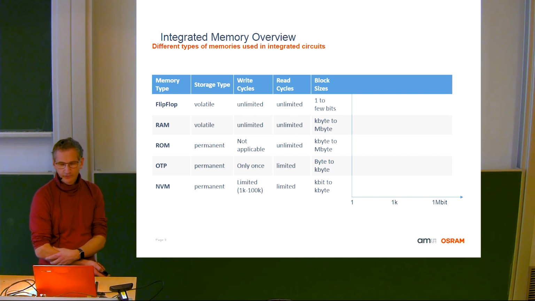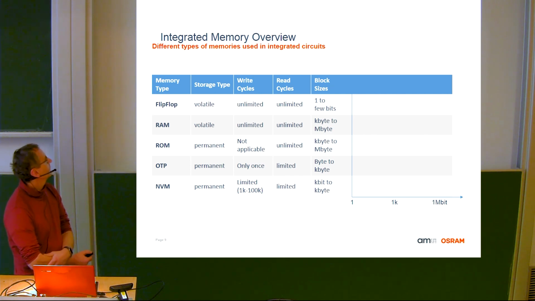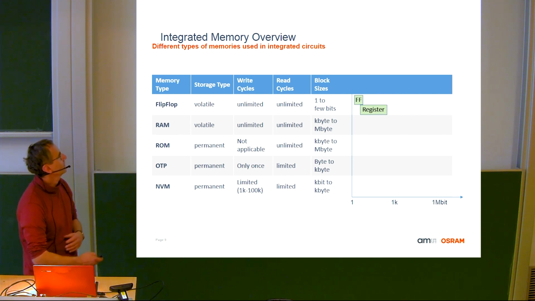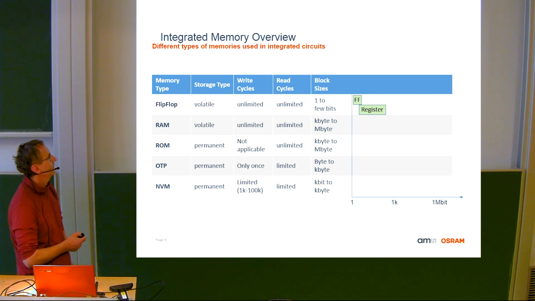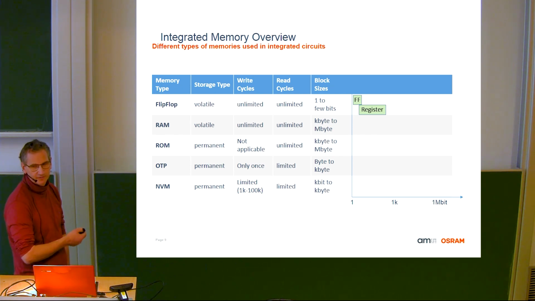And coming to a comparison of sizes, as mentioned before, the pointer is this one, starting from flip-flops down to non-volatile memories. Here we do have the flip-flops, as said. These are in the range of a few bits. You can avoid having RAMs for a few bits, maybe 10 flip-flops, 20 flip-flops in a system.